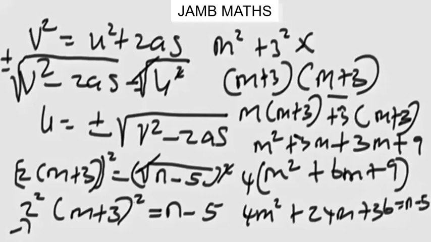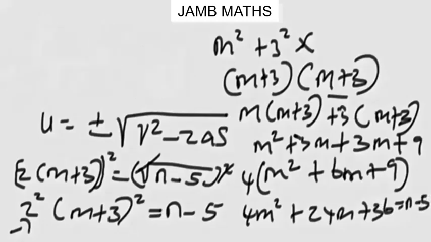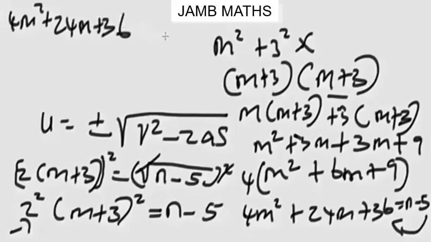Okay, so let me wipe some parts of this. Now when you keep simplifying, your final result to make n the subject formula, this negative 5 here will cross over the equality sign, and it will change to plus 5. So when it changes to plus 5, you're going to have 4m square plus 24m plus 36 plus 5 equals n.